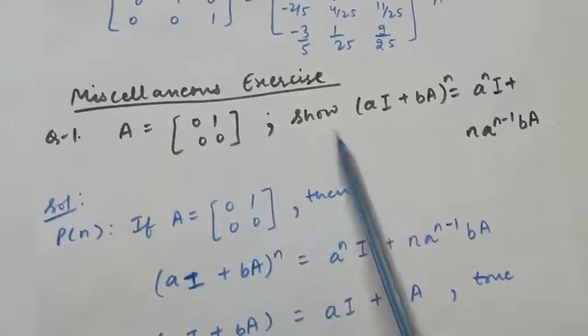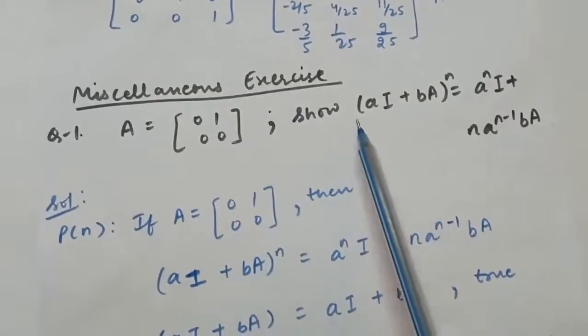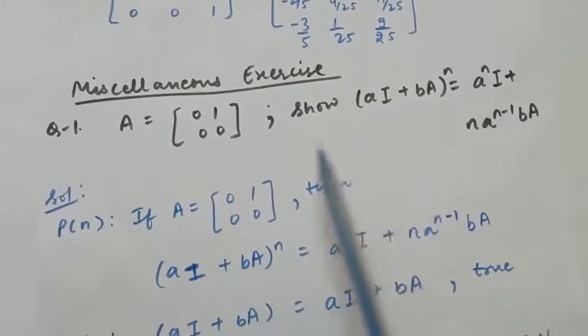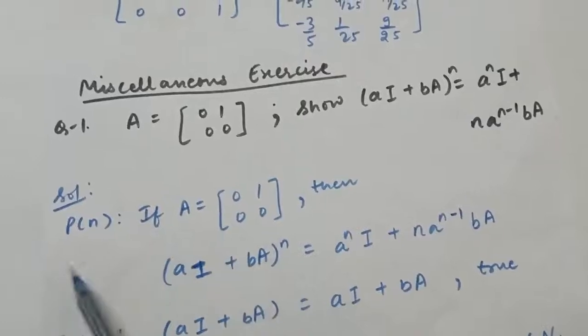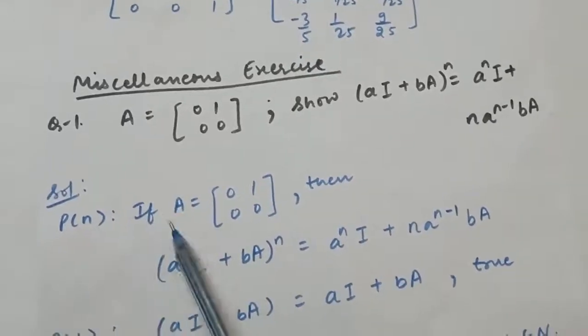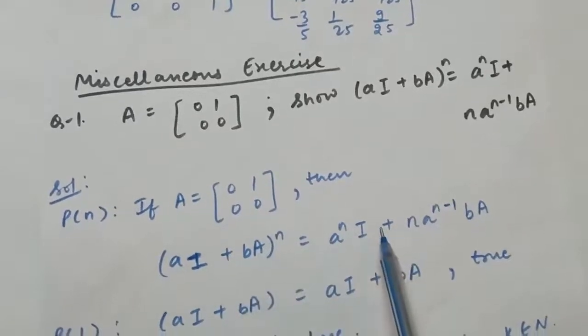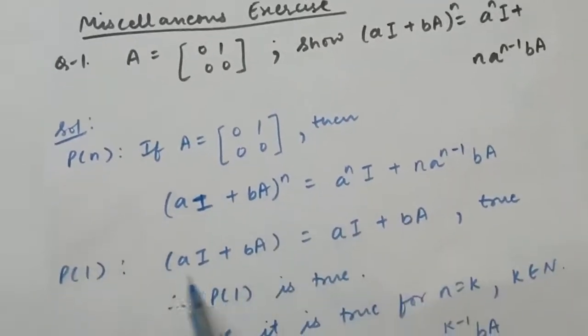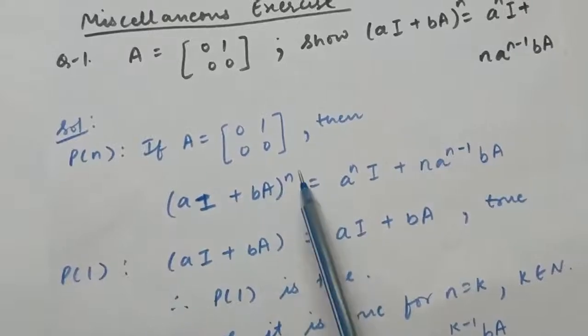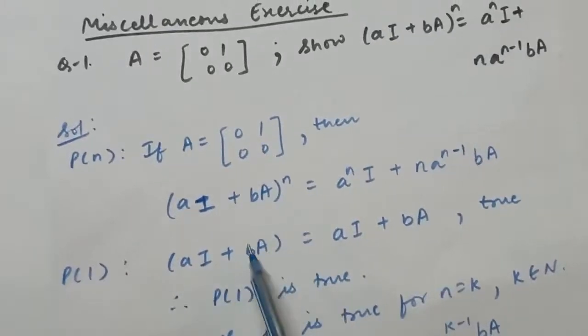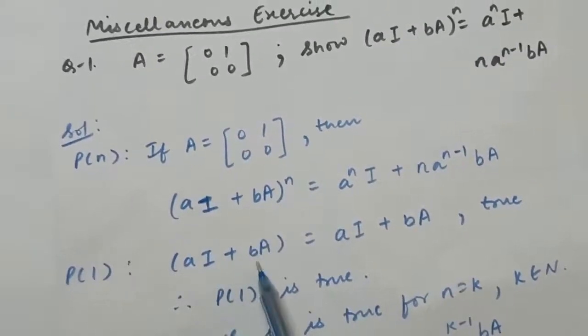So we will show it using PMI, principle of mathematical induction. First of all, let the given statement be Pn, that if A is this, then this is equal to this. Now for n equal to 1, P1 will be, in place of n, put 1. So LHS will be aI plus bA.